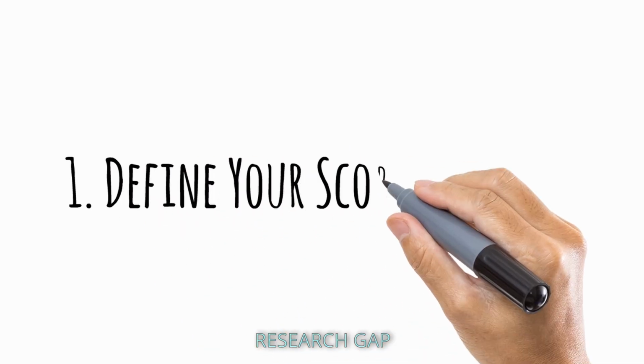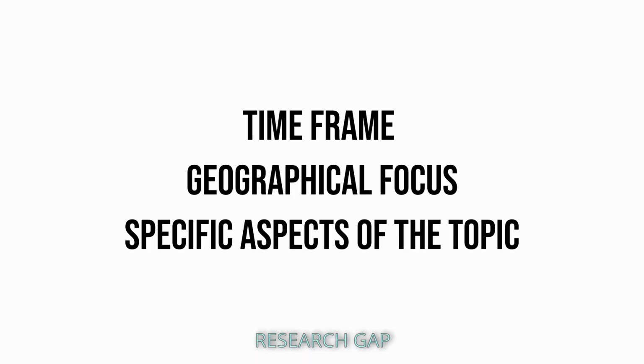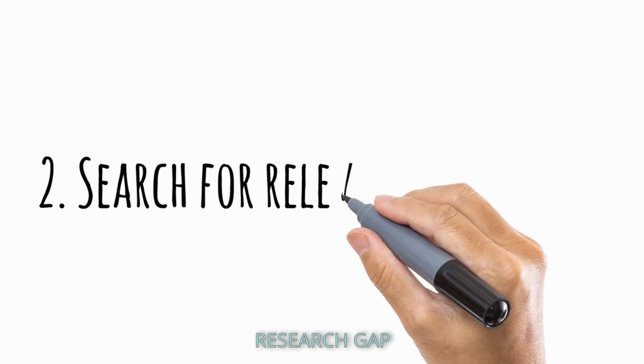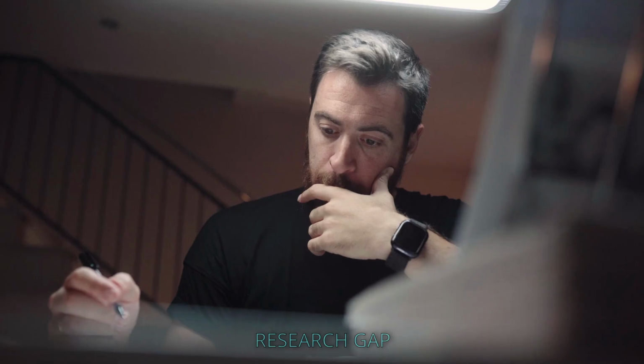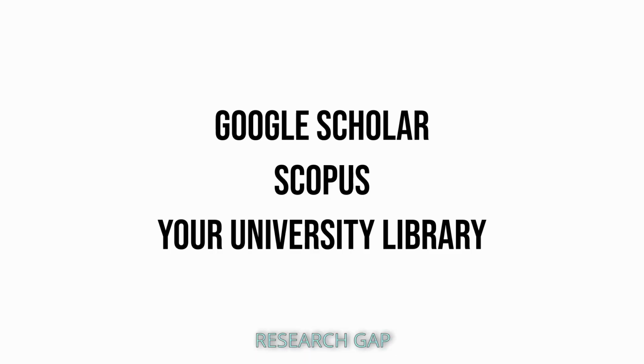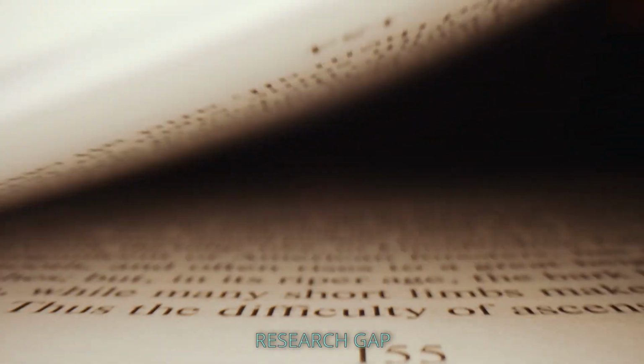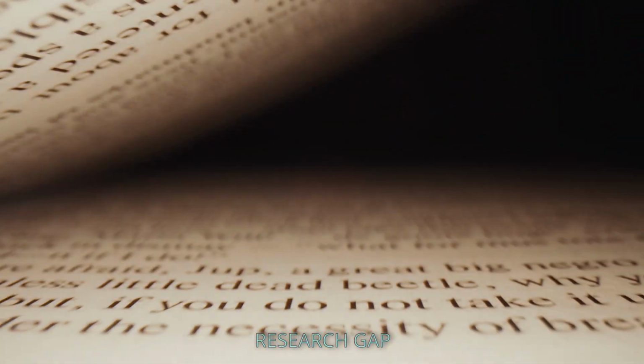1. Define your scope and purpose. Clearly outline the specific research question or topic you want to explore. Determine the scope of your review, e.g., time frame, geographical focus, specific aspects of the topic. 2. Search for relevant literature. Use academic databases, e.g., Google Scholar, Scopus, your university library, to find peer-reviewed articles, books, conference proceedings, and other scholarly sources related to your topic.